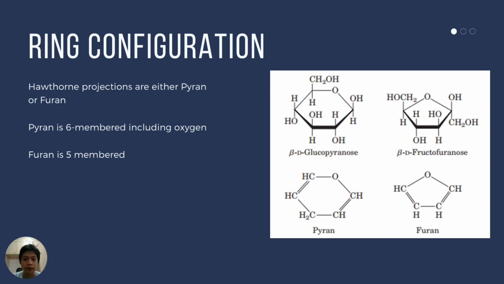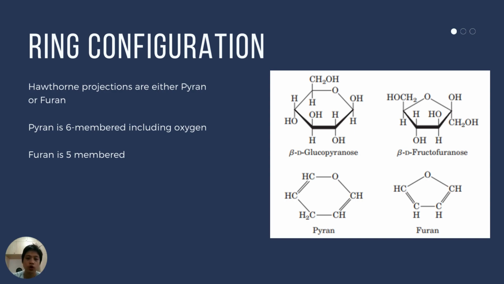and furan. Pyran is a 6-membered ring structure which includes oxygen. And furan is 5-membered. So, let's take a quick look at this image on the right. At the left-hand portion of this image, you have beta-D-glucopyranose.